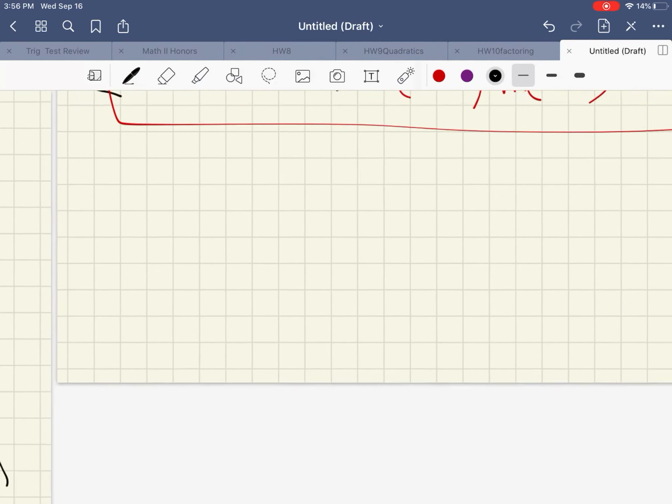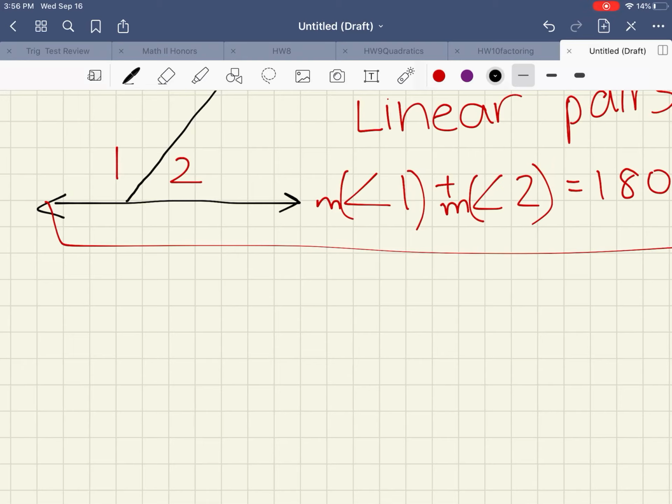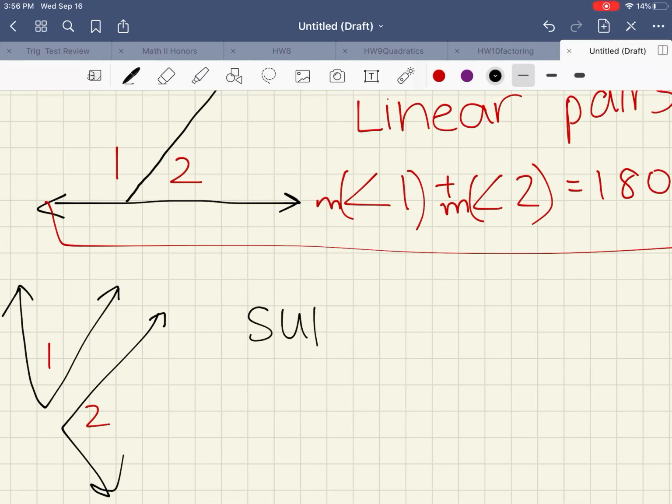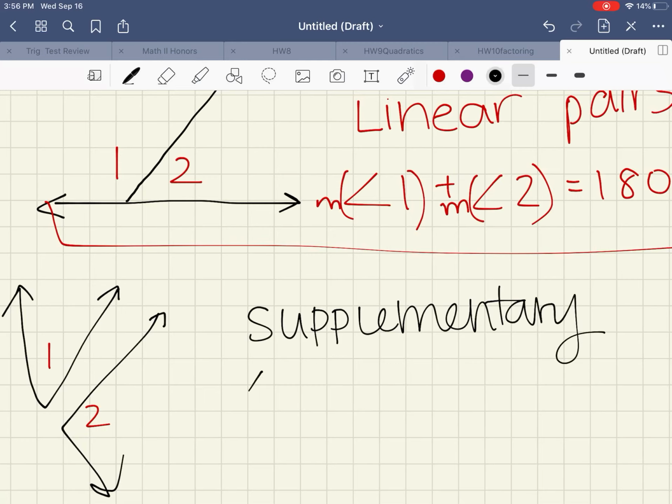This is different than something called supplementary angles. If I have something like this, it's a terrible line, but these are supplementary if the measure of angle 1 plus the measure of angle 2 is equal to 180.